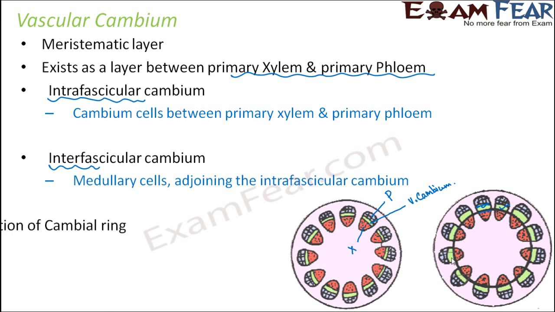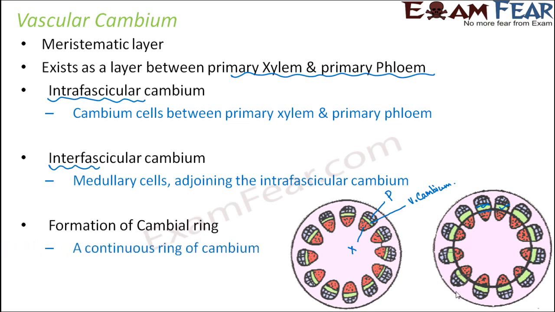Right? Okay. So this results in the formation of the cambial ring. So this ring which is formed now is known as the cambial ring. It is nothing but a continuous ring of cambium. There is nothing discontinuous in between. So a continuous ring of cambium.